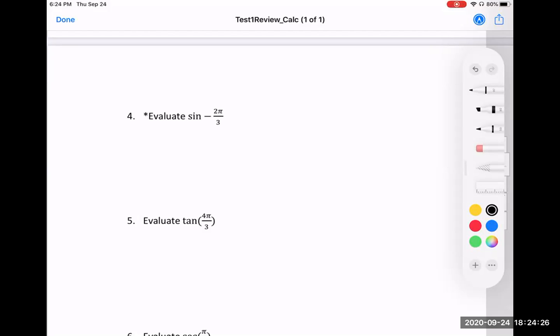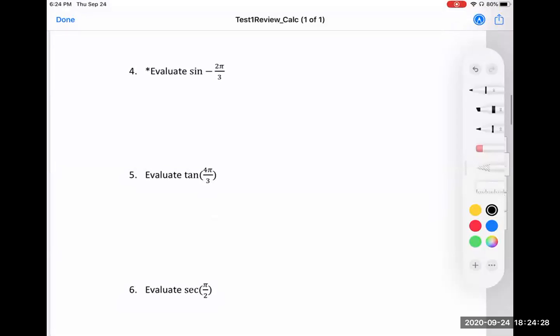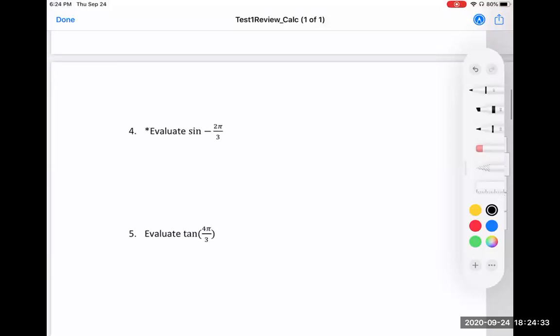All right. So for this, I'll do number 4. It's asking to evaluate sine at negative 2 pi over 3. When I have a negative, it's just a direction. So I'm going towards the negative, so I'll be going clockwise. One quadrant is pi over 2, another quadrant is pi, another quadrant is 2 pi over 3.